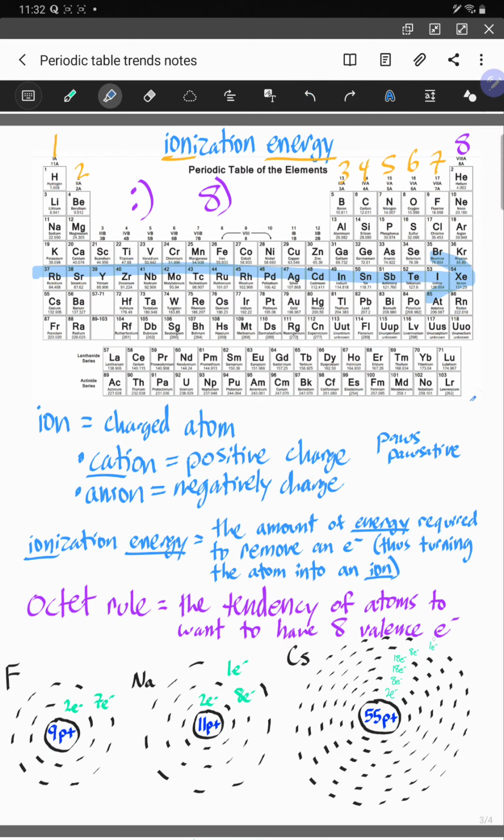It's going to take less energy to remove the electron from cesium because not only is it on the first column of the periodic table to where it kind of wants to give it away, but also it's really far from the nucleus and it has a very big shielding effect from these other electrons to where it's going to really be taken away pretty easily.